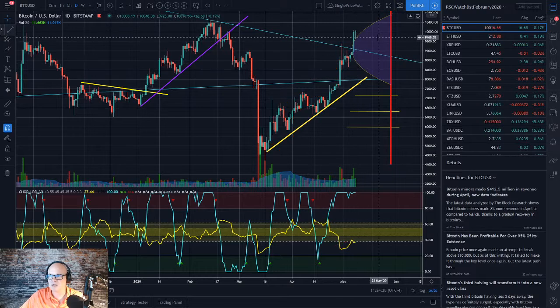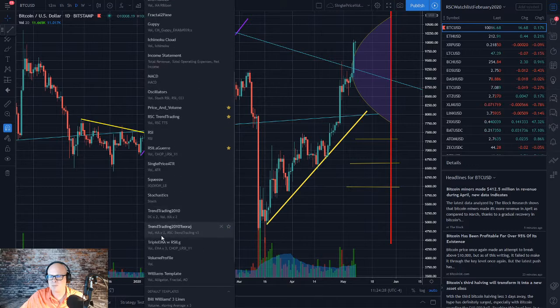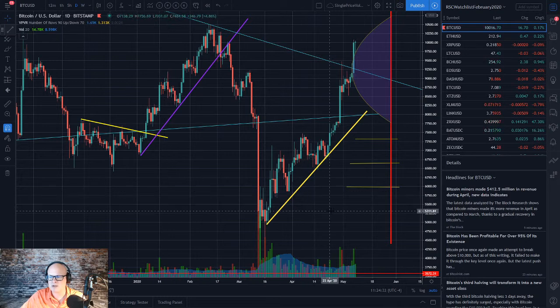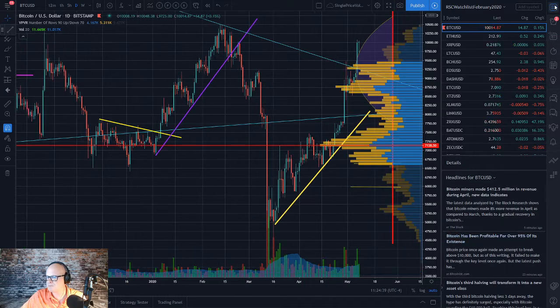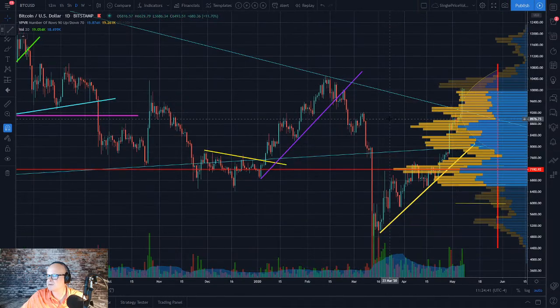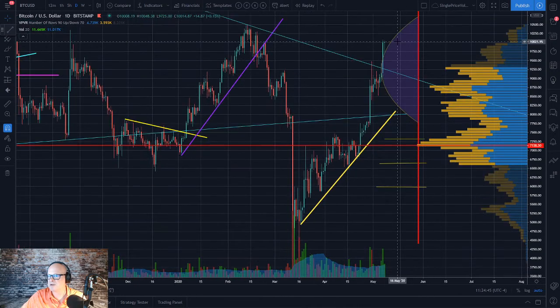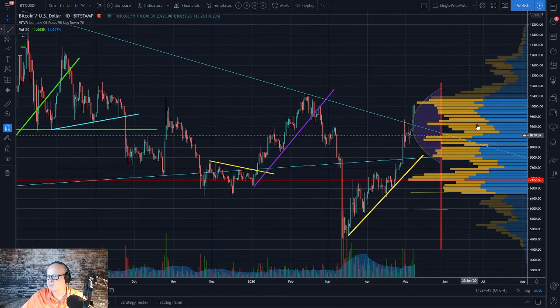So for right now, 10,000, let's just go over to a price chart and let's throw a little bit of volume profile on here, because that is really one of the most accurate ways of looking at a market. So we'll wait for this to come in, throw this on there, and we can see that we do have a little bit of an overhead spike in volume profile at about 10,000.